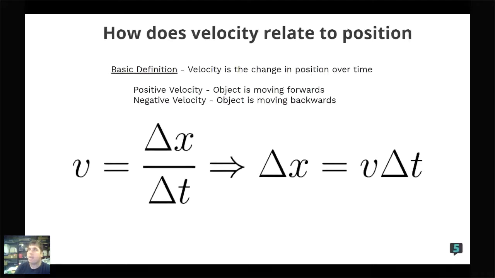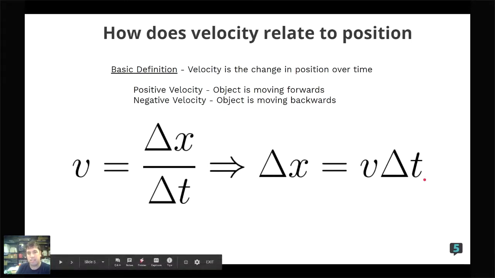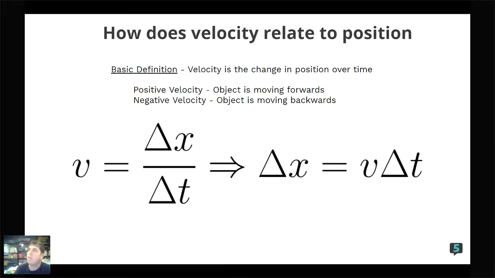Okay? And all I really did here was a little cross multiplication, solving for delta x. So I have delta x equals v delta t. And now this is actually the key to making a velocity-time graph. Realizing that this particular arrangement, delta x equals v delta t, is an equation of something.